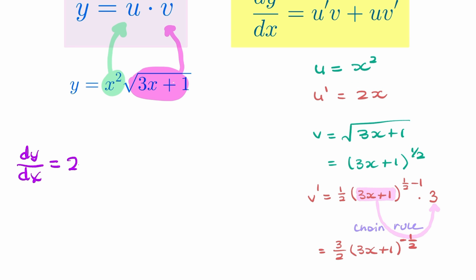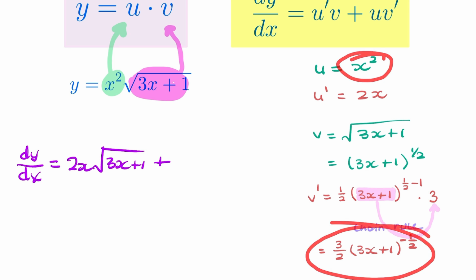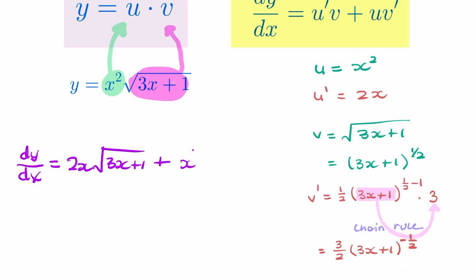So it's 2x square root of 3x plus 1 plus u v dash. So x squared multiplied by that. So it's x squared times 3 over 2 times 3x plus 1 to the power minus 1 over 2.